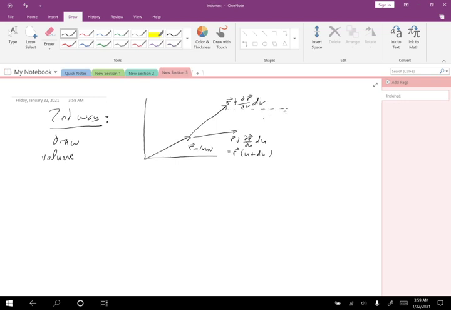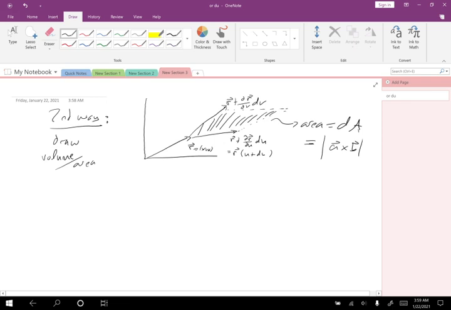Then we have a natural parallelogram here. I said volume, this should be area. Volume or area depends on the dimension. So the area of this parallelogram will be dA. And to find the area of that parallelogram, it's what I said before. It's the magnitude of the cross product, A cross B, where this one is r_a and this one is r_b.